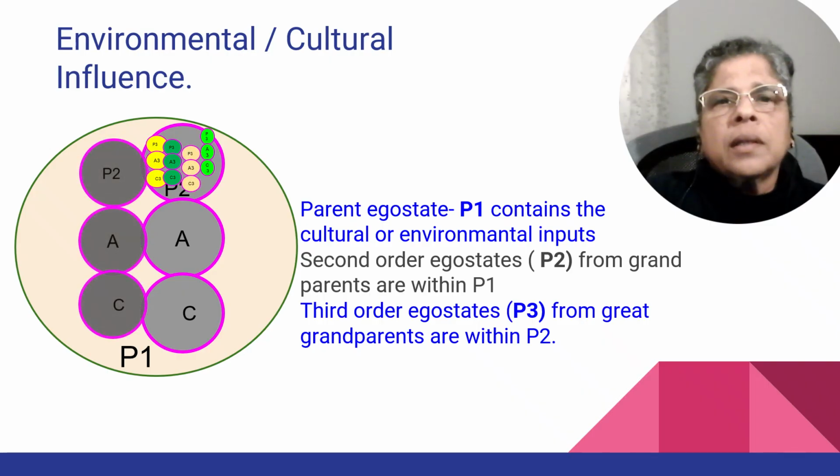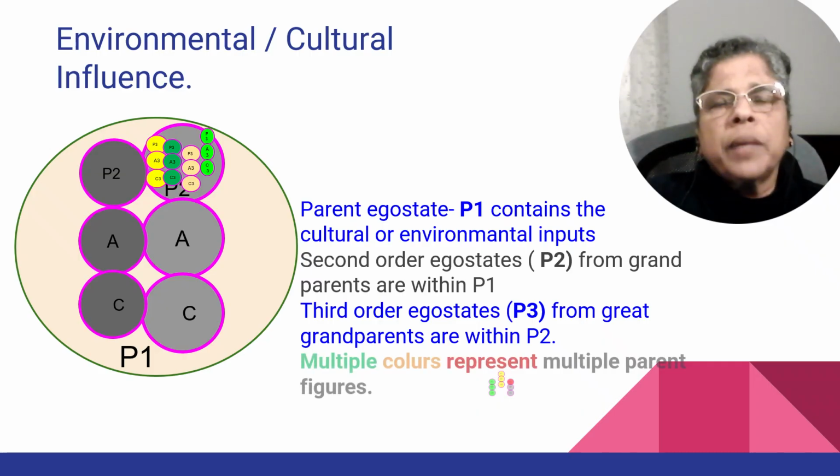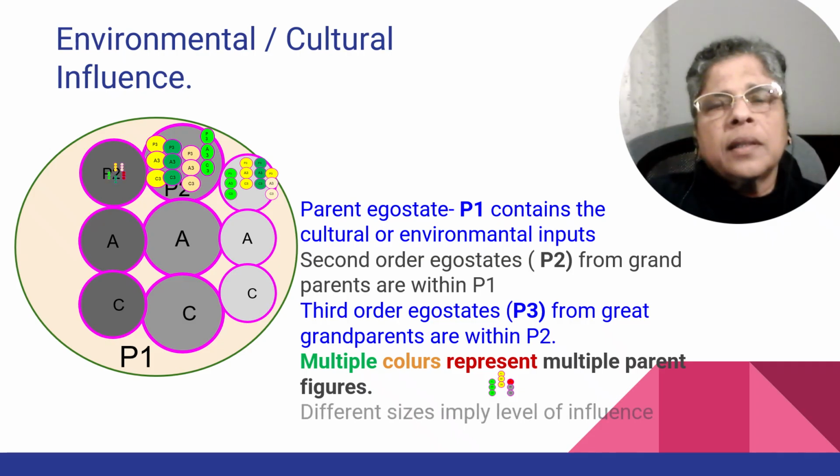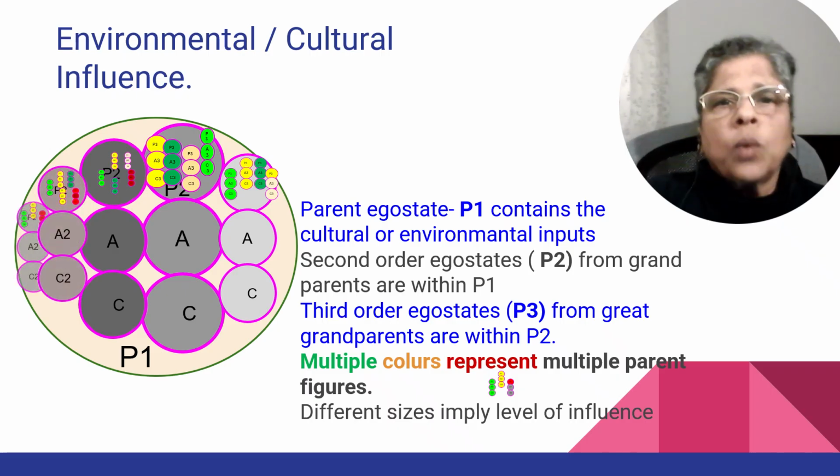Similarly, within the parental figure of the parent, the grandparent or their parental figures are also involved. So in this picture, the size of the circles imply the influence level of each of these parental figures, and the multiple colors imply the multiple personalities who have parented one person. And so the environmental influence also has generational impact and multiple sources being impacted here.